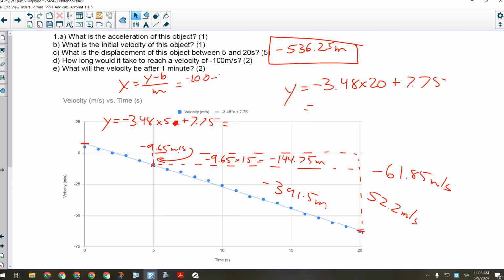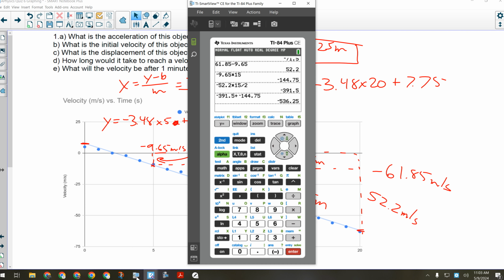We subtract 7.75, the y-intercept, and divide by negative 3.48. If I forget a negative here, will I know? Because it'll tell me I went back in time. If I forget one of those negatives and get a negative answer for time, I've definitely done something wrong.